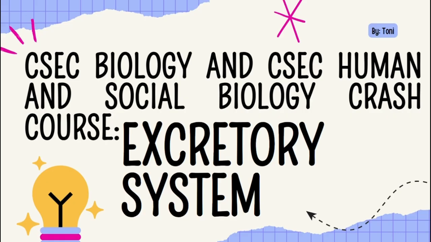I don't remember exactly what the question was, but as you can see, especially for HSB, this excretory system is going to come in handy, especially when they give you a scenario and you have to know how the excretory system works. You can say, oh, this is what's happening based on what the scenario tells me. So it's important, especially for HSB.